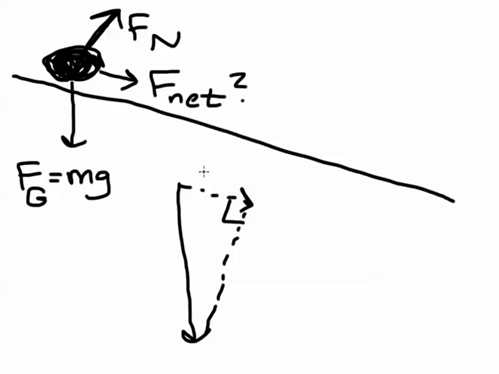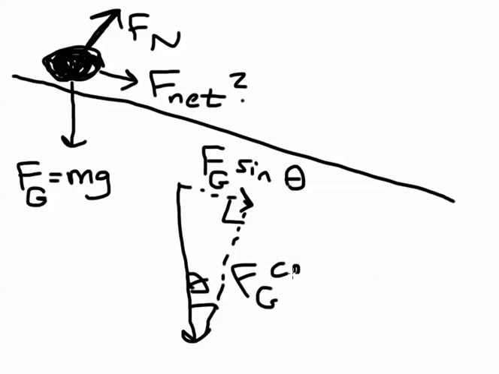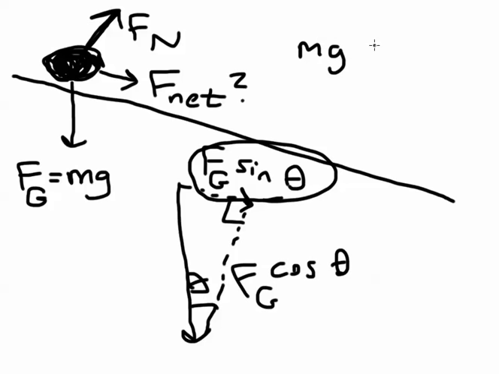The component in the direction of the hill is F gravity sine theta, if this is theta, and the component perpendicular to the hill is F gravity cosine theta. So the only part of gravity that pulls the object down the hill is the force of gravity times sine theta, or mg sine theta.